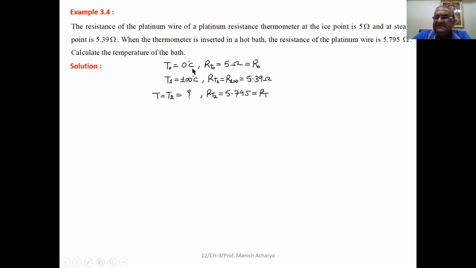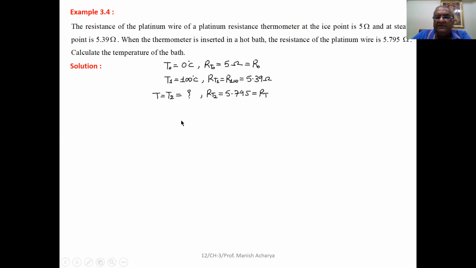At 0 degrees Celsius, we can take it as the reference temperature. The resistance is given to you, 5 ohm, so that is R0. Now at temperature T1 equal to 100 degrees Celsius, the steam point, R at 100 degrees Celsius is 5.39 ohm.